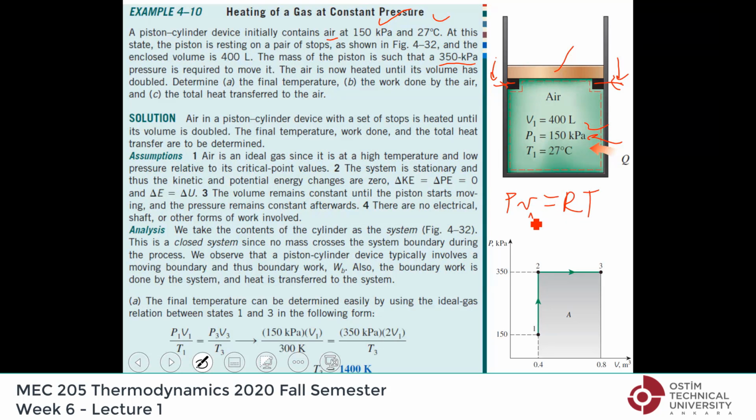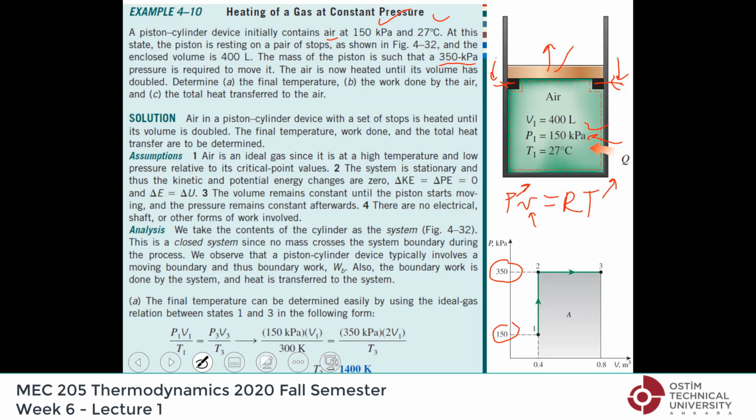If V is constant and you are adding heat, the temperature will rise, which means the pressure also will rise until the pressure rises to what value? From 150 to 350. And when the pressure rises to 350 kilopascal, what will happen to the piston? It will start going up.